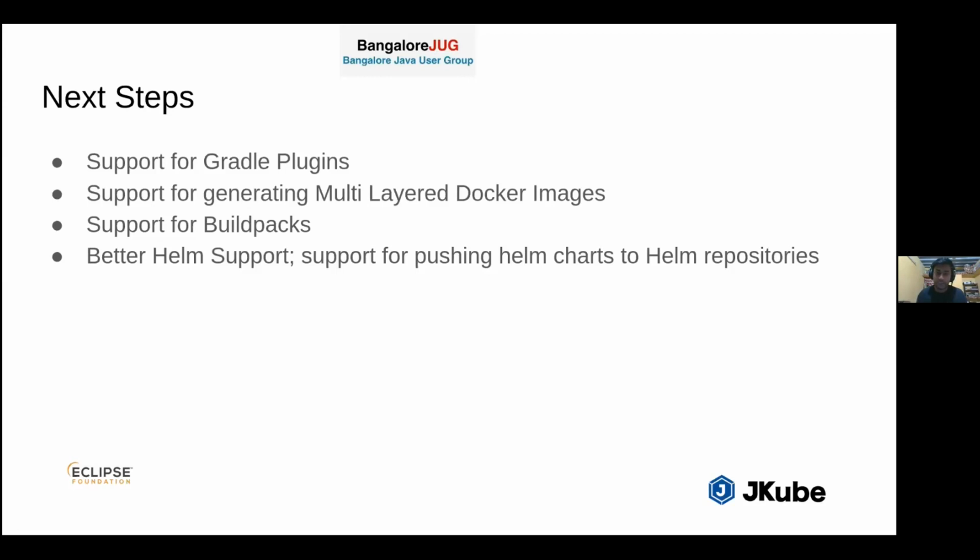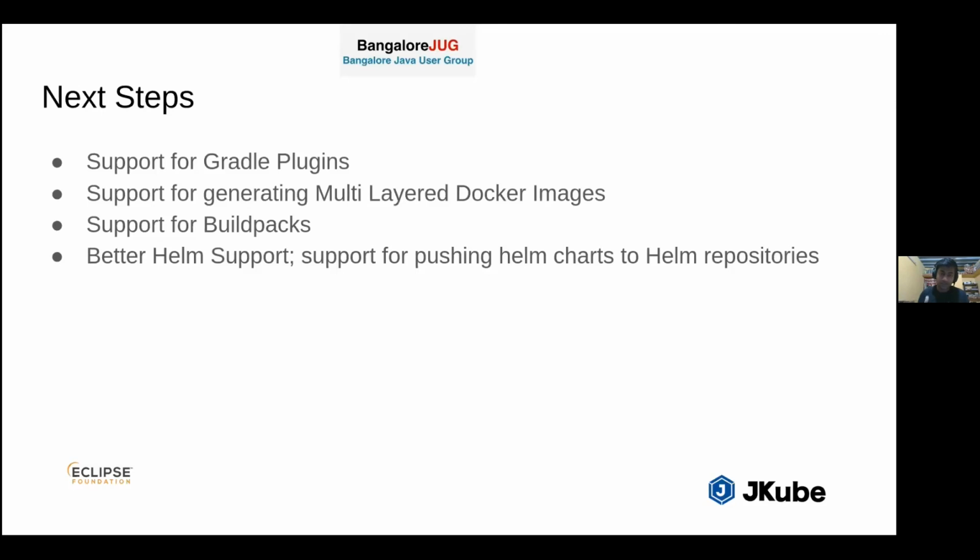He can use buildpacks, he can use podman, anything. We are also planning to improve the Helm support. We are getting really good feedback from the community regarding our Helm goals. People are using the Helm goal to generate Helm charts, but we are also planning to add support for publishing these Helm charts to Helm repositories.